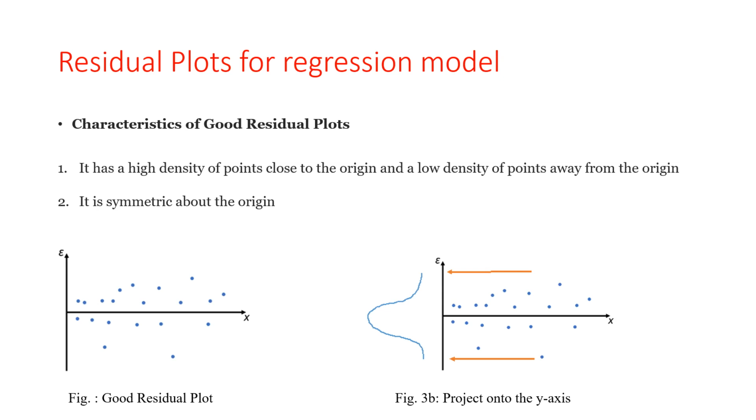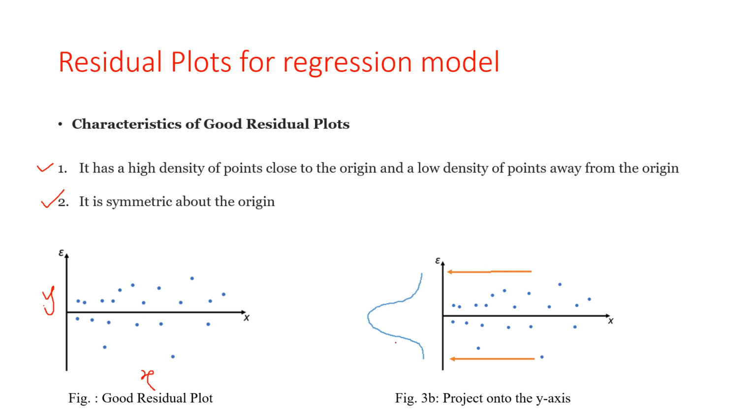To explain how to decide on a good residual plot, see this diagram. In this first diagram, which is called a good residual plot, we project all the residuals on the y-axis and the independent variables on the x-axis.